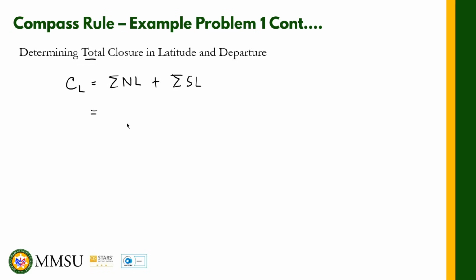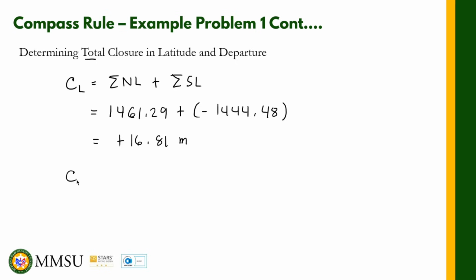So this is 1,461.29 plus ito negative 1,444.48 meters. Okay? So, ang closure natin sa latitude ay positive 16.81 meters. So, yan yung closure natin sa latitude.